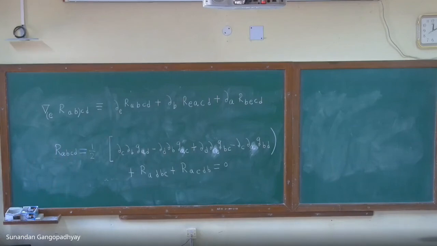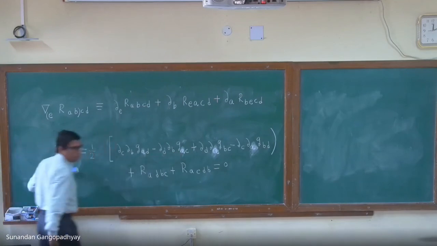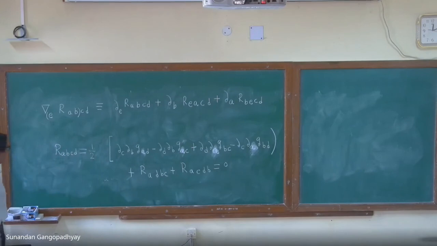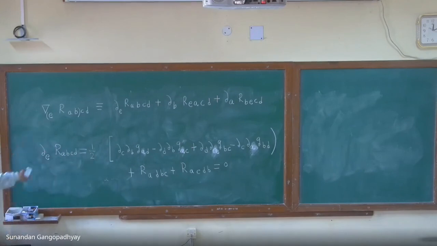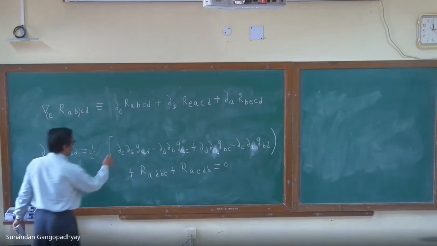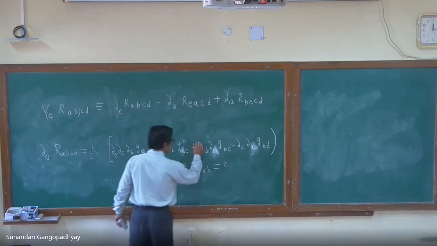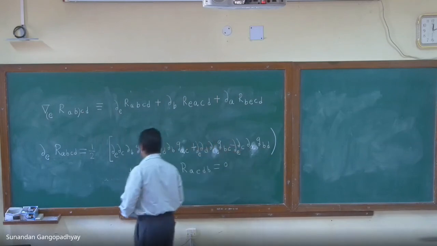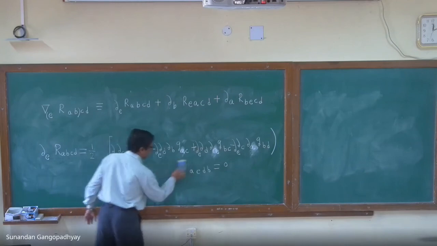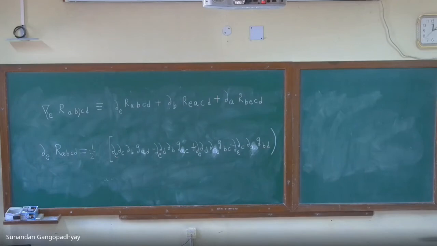What you need to do is calculate this and use this expression while you calculate this. So let us calculate this. del_E R_ABCD is nothing but del_E, del_E. So that is the first thing.